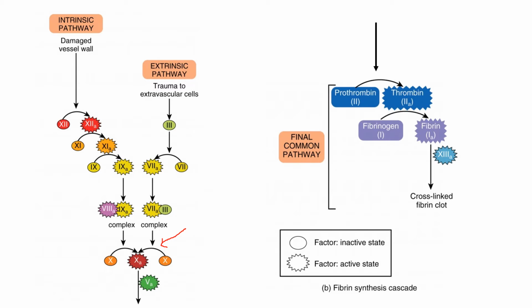So that's already the production of your cross-link fibrin clot. Okay. So the circles here that you see are actually factors in inactive state, and then they will be active after they are being acted upon by the different clotting factors. Okay?